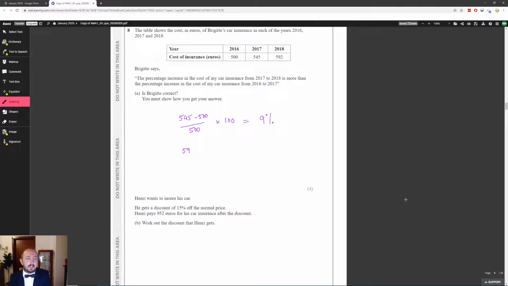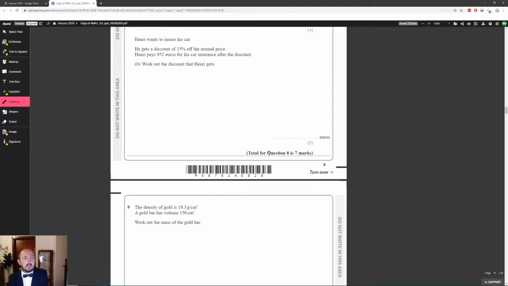So 592 minus 545 over the original times 100, and that gives us 8.6%. So the percentage change from 2016 to 2017 is greater, so Bridget is incorrect there.